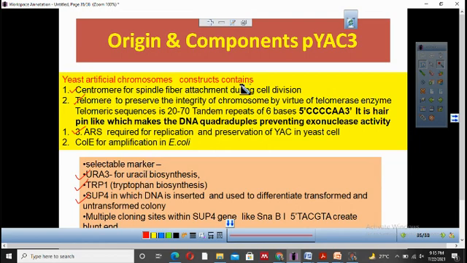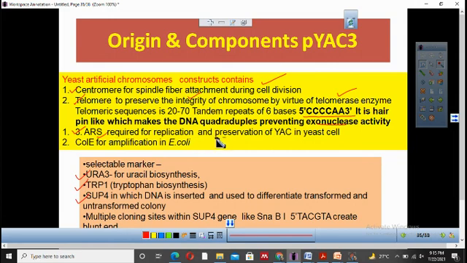Centromeres are for the attachment of spindle fibers during cell division. Telomeres preserve the integrity of the chromosomes by virtue of telomerase enzymes, and these telomeric sequences have a six base pair repeat, C C C C A A. These are repeated 20 times to 70 times, and this is essential to prevent the exonuclease activity.